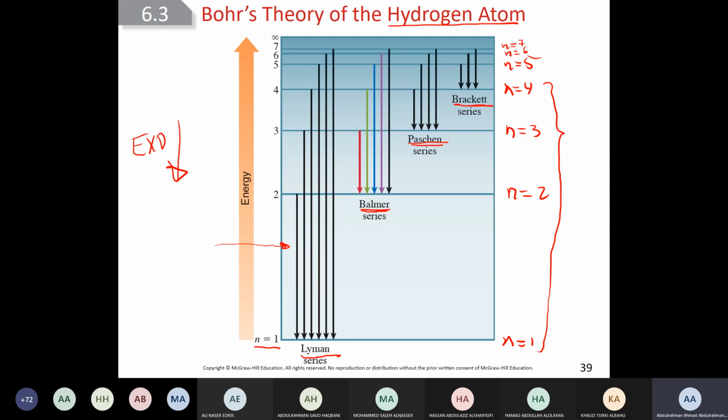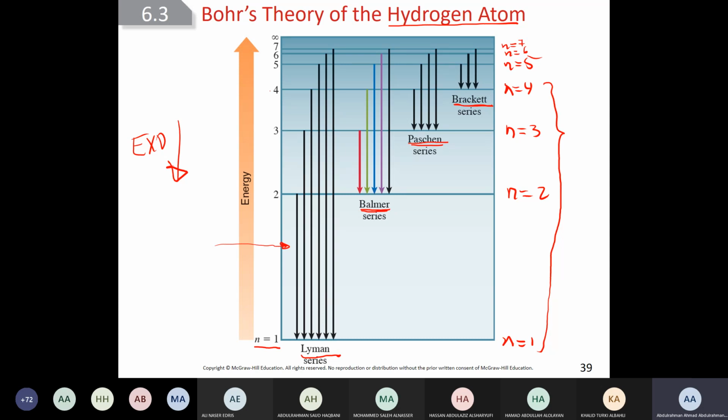And these scientists, Lyman, Balmer, Paschen, Brackett, calculated the amount of energy going from n equal to 2 to n equal to 1, n equal to 3 to n equal to 1, n equal to 4 to n equal to 1. And they came up with all these lines. They calculated the exact amount of energy for all transitions.